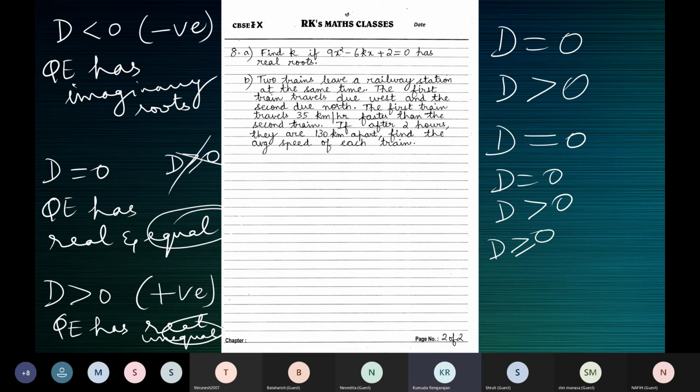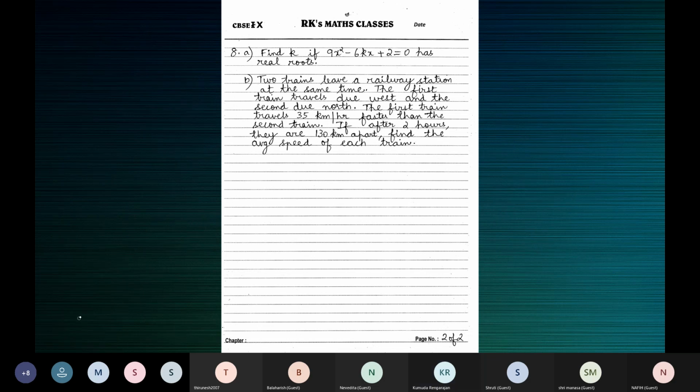Okay, so now let's read the question again. Find k. Normally, how does a quadratic equation look? Something like 3x squared minus 5x plus 11 is equal to 0. You can see x squared and a number before that, the coefficient, x and a number before that, and the constant.